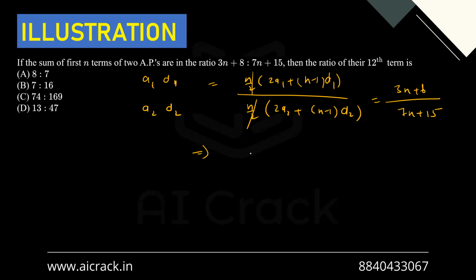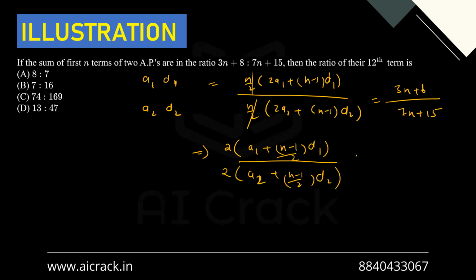If I take 2 common, it becomes 2 times a1 plus n minus 1 by 2 times d1, divided by 2 times a2 plus n minus 1 by 2 times d2. So this gets cancelled. Why did I do that? Because we have to find the ratio of the 12th terms. If you're writing Tn, we have a1 plus n minus 1 d, in that kind of format. So that's why I've taken 2 out of here.